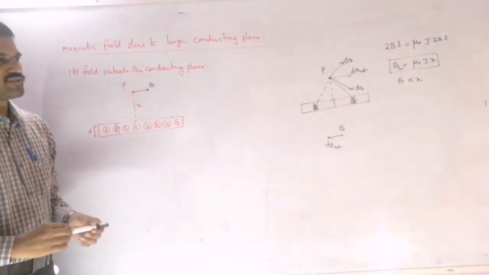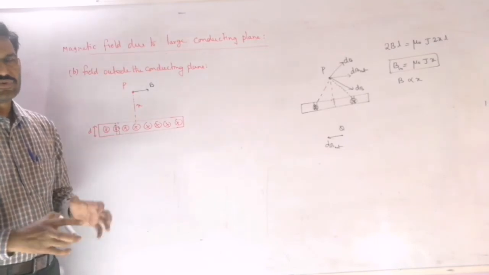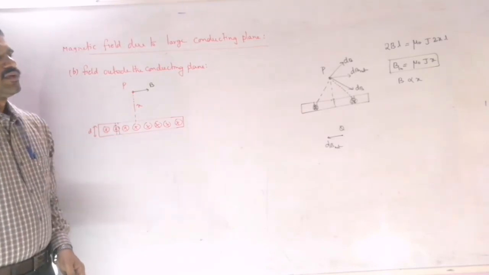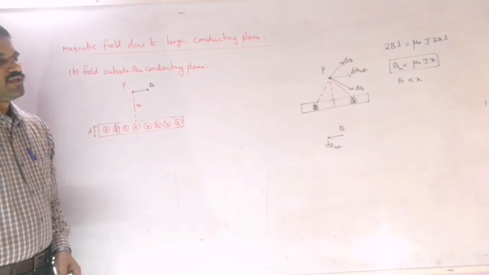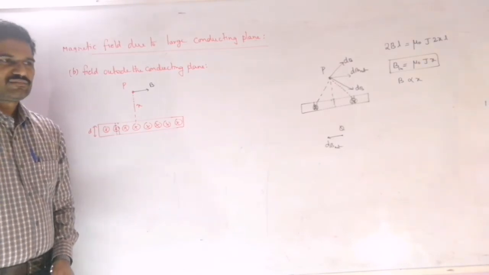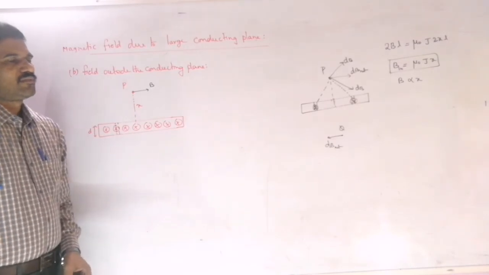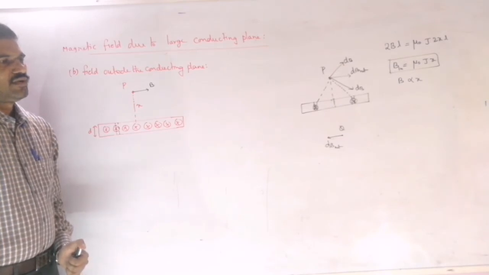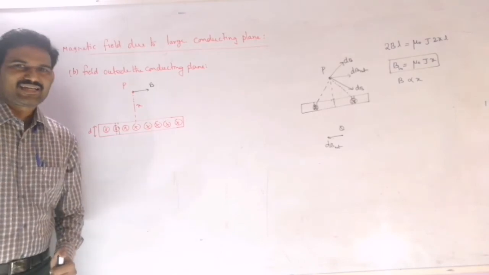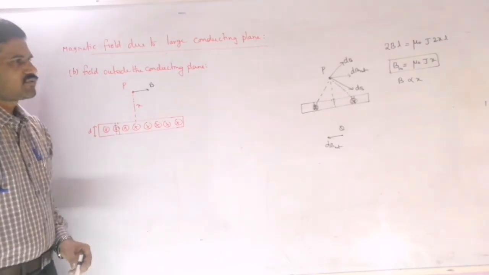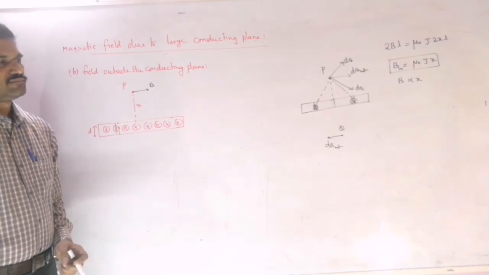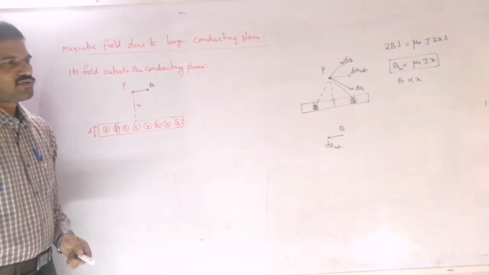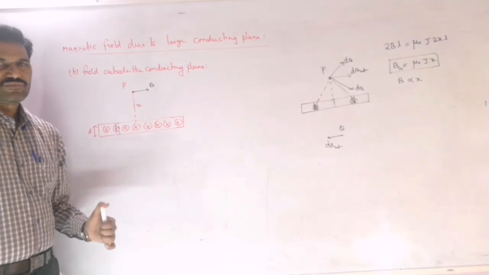The magnetic field due to this infinite, that means large plane or infinite plane, is perpendicular to the length of the plane, and perpendicular to the current direction, and parallel to the width of the plane.